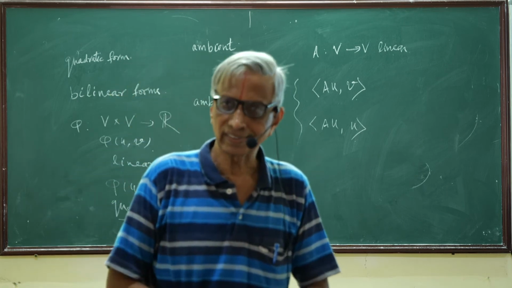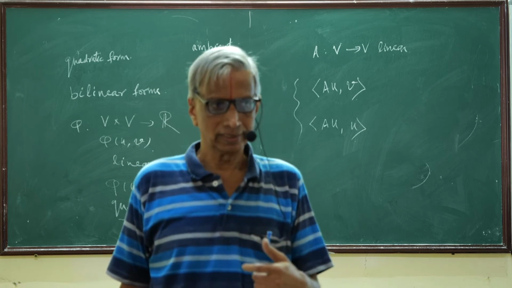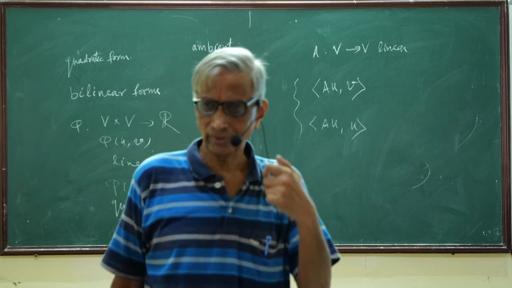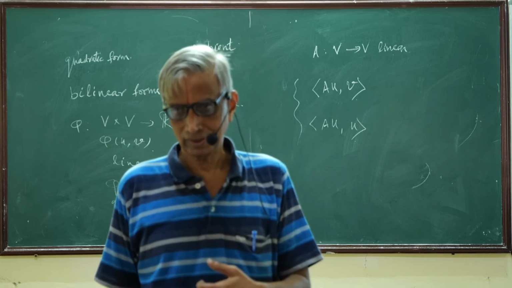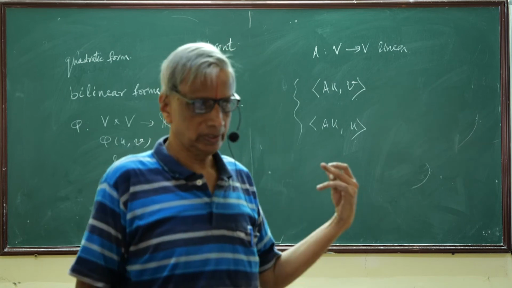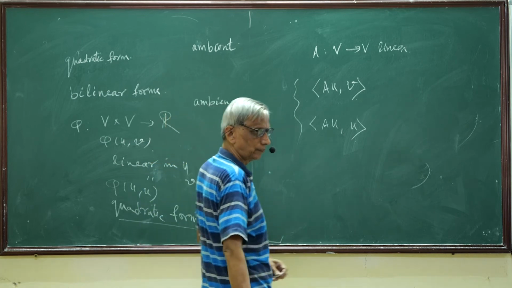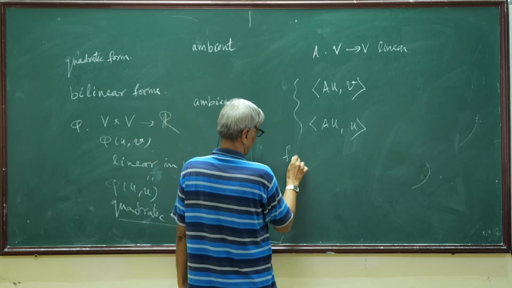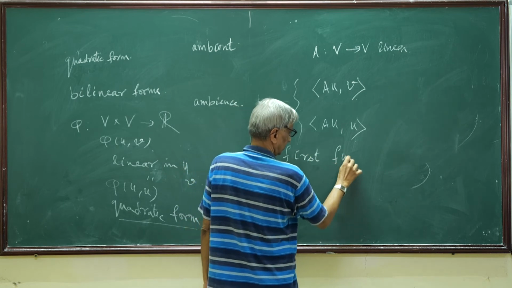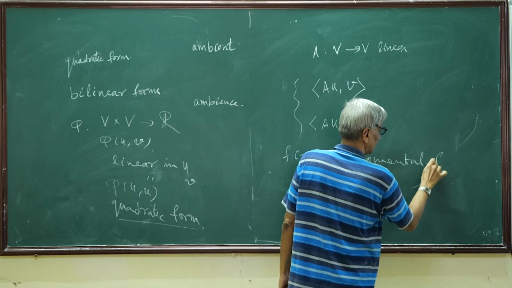So in our setting, the inner product that you get on the tangent spaces to the surface from the inner product in the Euclidean space where the surface is sitting is what is called the first fundamental form of the surface.